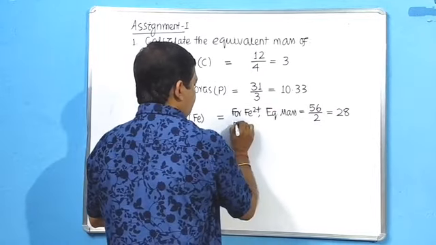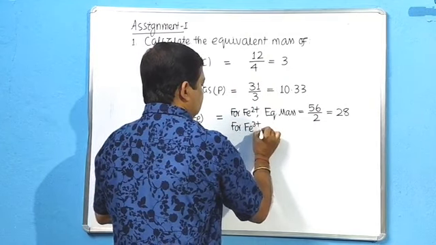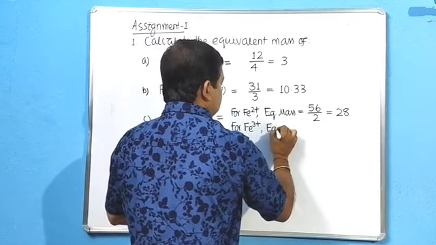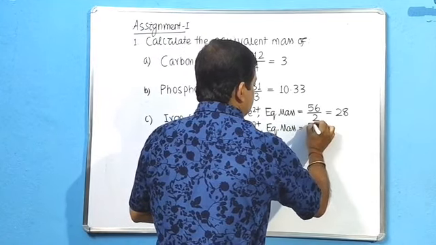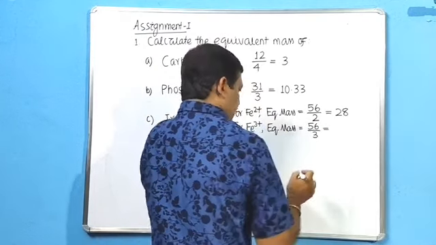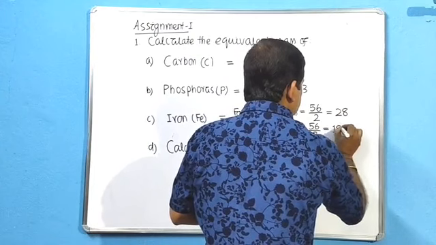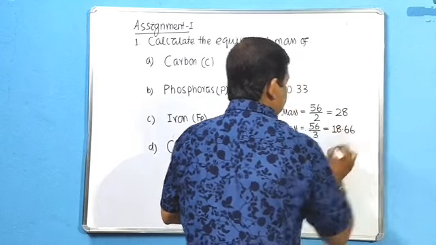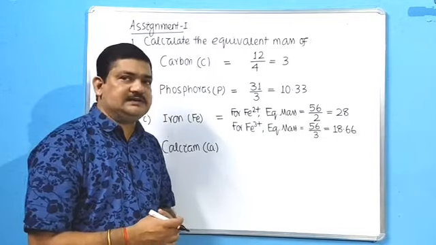For ferric, Fe3 plus, the equivalent mass will be 56 by 3, that is 18.66. So iron gives two different equivalent masses. Why?